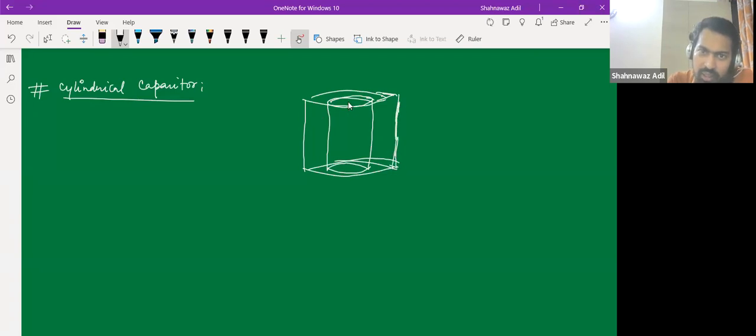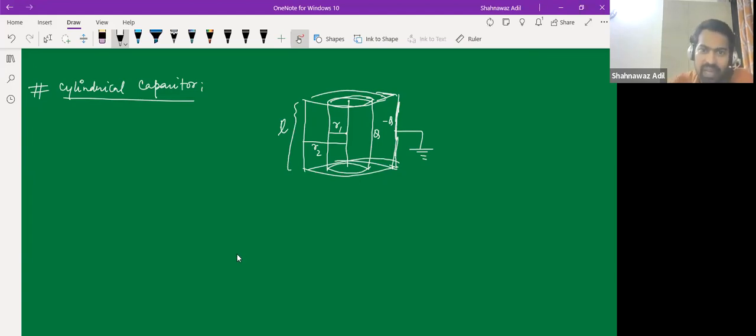The length of this cylinder is L. The inner radius is R1 and the outer radius is R2, and this is again Earth. So this has minus Q charge and this has plus Q charge. So this is the construction of a cylindrical capacitor.